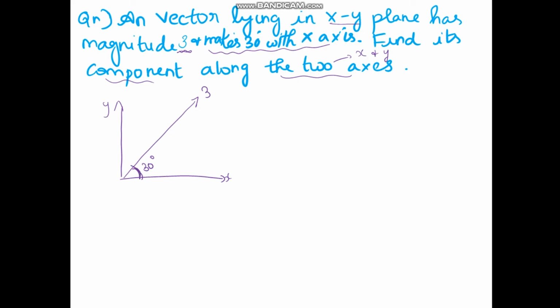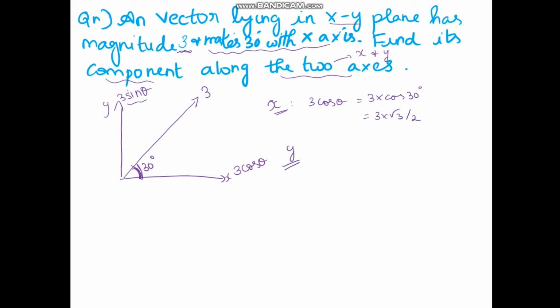Along the angle we give cos theta, so I give it as 3 cos theta, and away from the angle we give sin theta. So I resolve the component along the y-axis as 3 sin theta, and the component along the x-axis is 3 cos theta. Here they have given theta as 30 degrees. 3 into cos 30 comes out to be 3 into root 3 by 2.